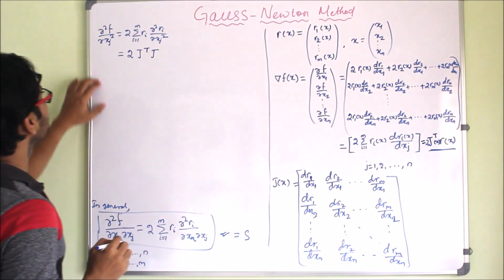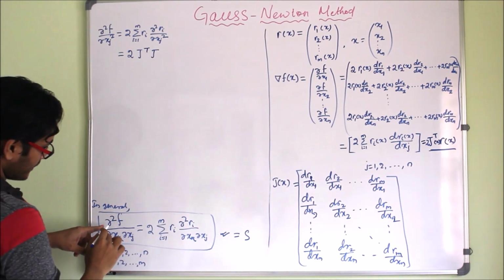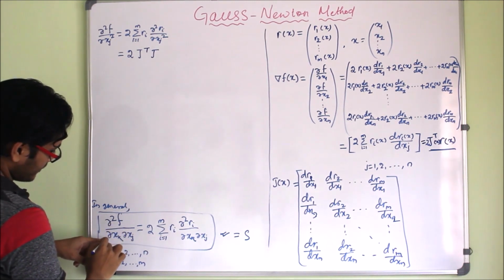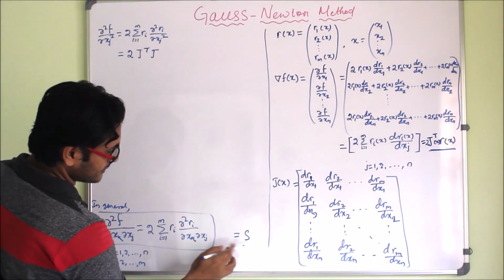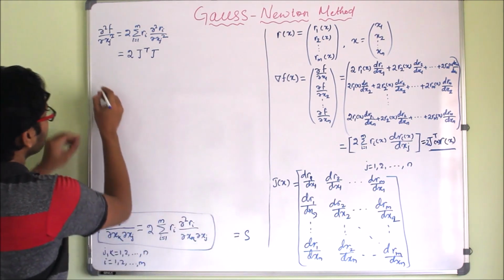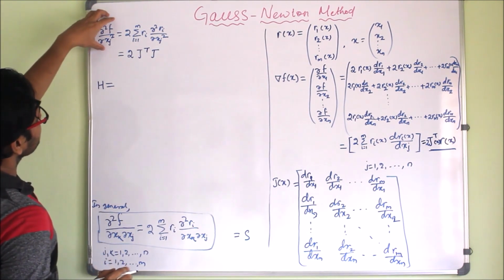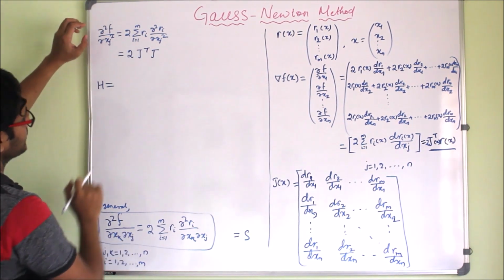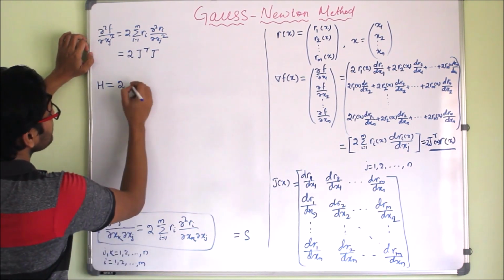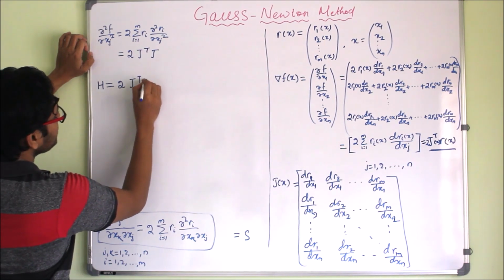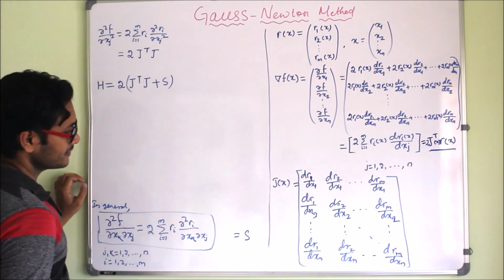Now after that, if we take ∂²f/∂xk∂xj as S, we are taking it as S. So now H will be all these entries and this kj entry. So it will be 2 into J transpose J plus S. So we can write it as this.